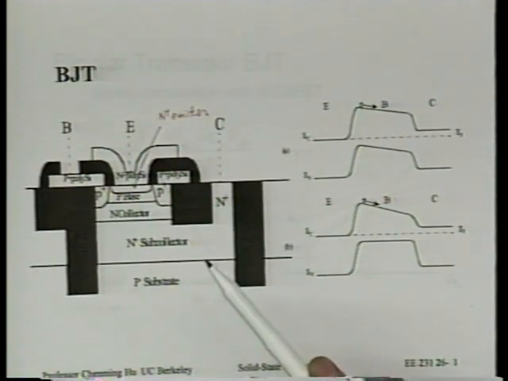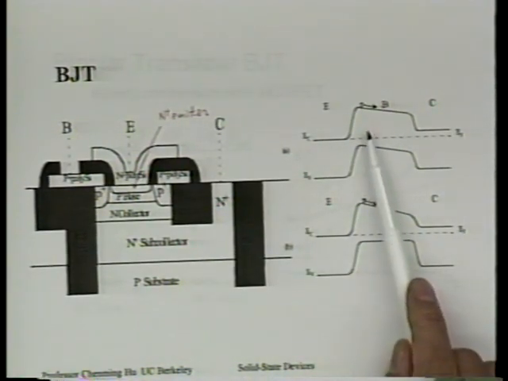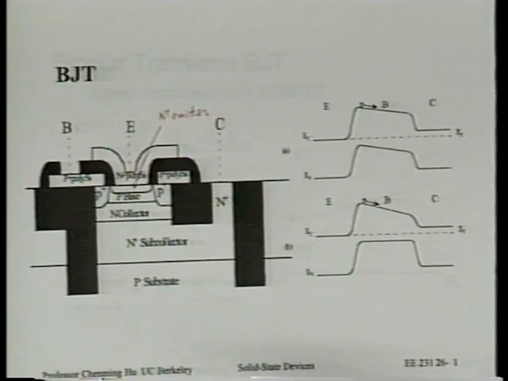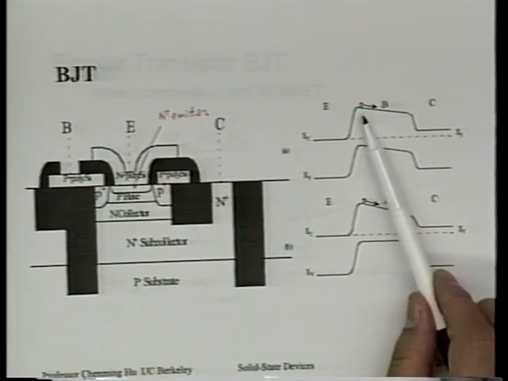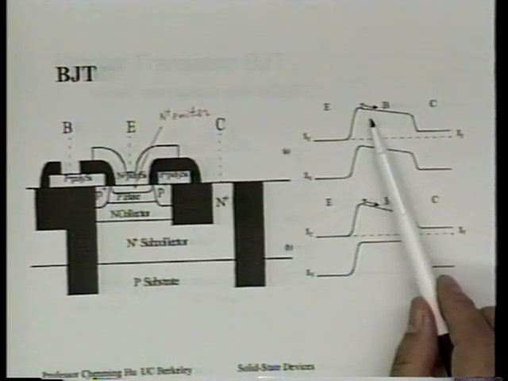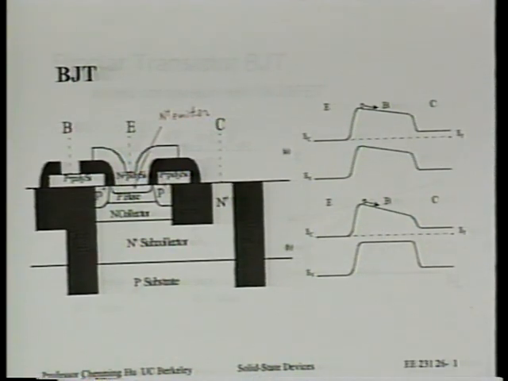Now, if you dope one side of the base heavy, do you know heavy doping does something to the band gap as well? That's called band gap narrowing, right? So as we dope our base more and more heavily these days, because we are using thinner base and yet we want to reduce base resistance, the heavy doping here is going to make the band gap, what? Narrower near the emitter. That's opposite what we need. You see that? Okay. All right.